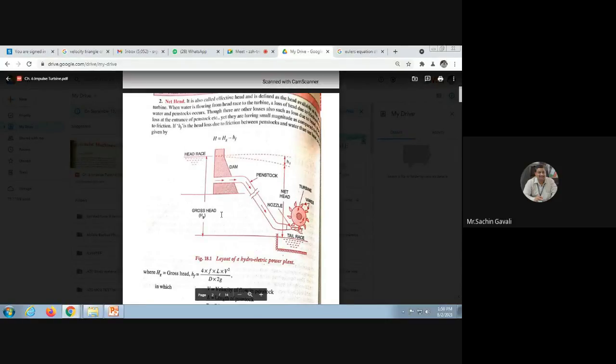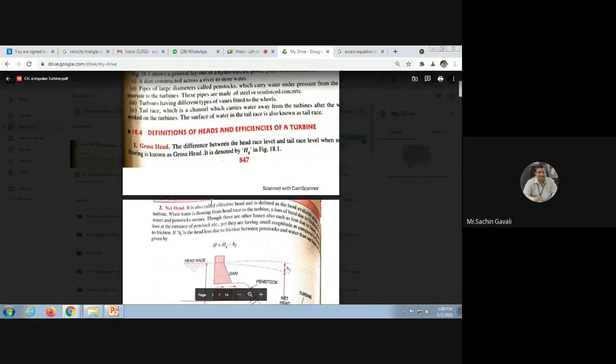Okay. Now there are some head concepts. Gross head is one of them. Gross head is the difference between the water level in the tail race or reservoir and the surface level of the dam.